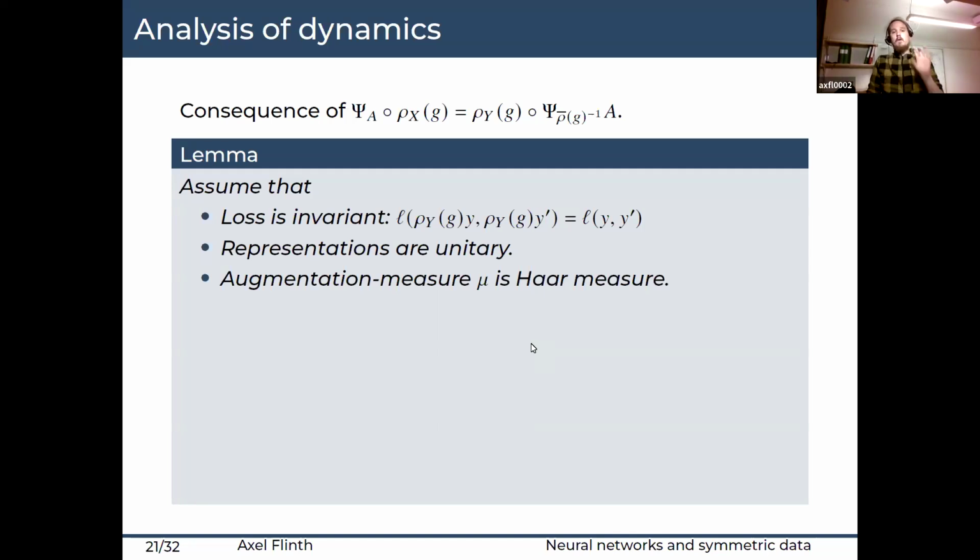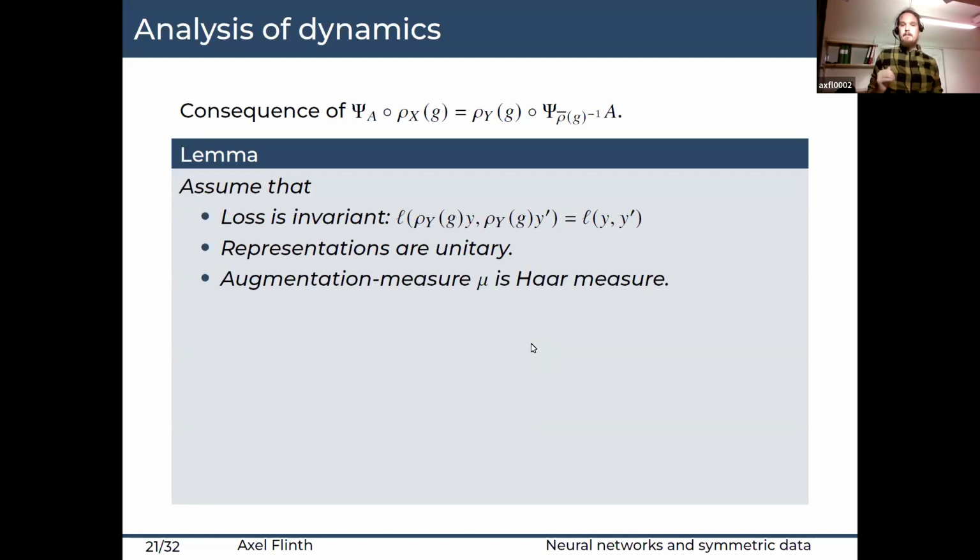Let's also assume that all of the representations in the input, output and intermediate spaces are unitary operations. And as I said before, I augment using the Haar measure. So this is in some sense the uniform way of choosing a group element; in particular, if I have a finite group, that really corresponds to choosing one of the group elements uniformly at random.